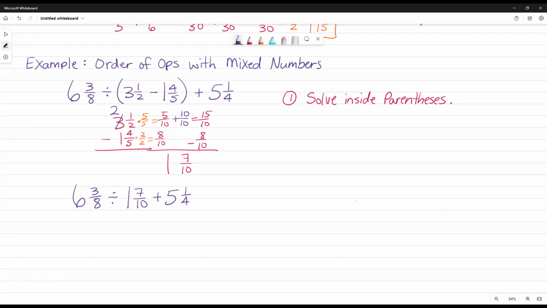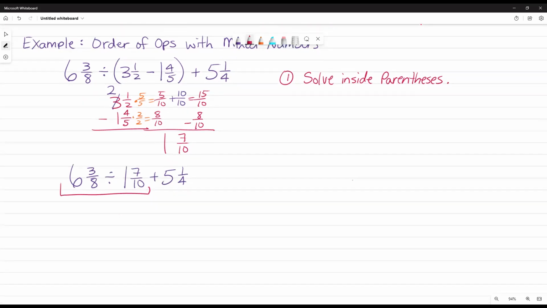Okay, 1. Order of operation tells us we always do multiplication and division. There's no grouping symbols left. There's no exponents, but we do have a division. So let's go ahead and do our division.